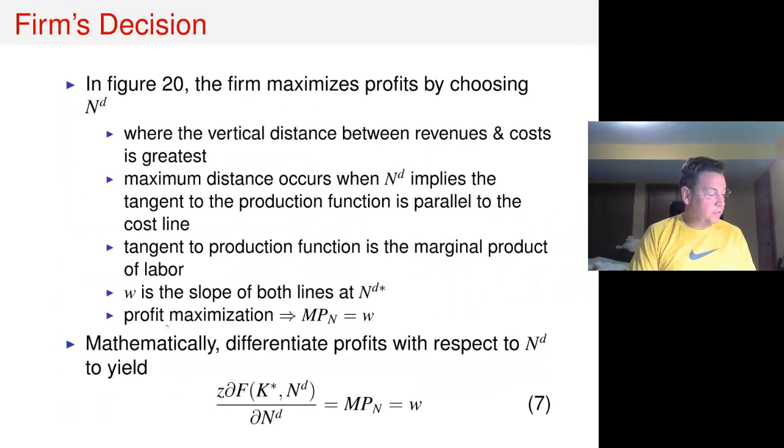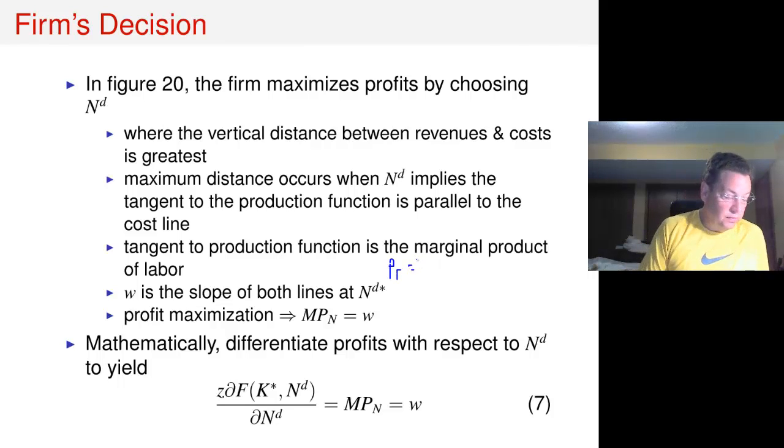Now, another way to see this is mathematically. For those of you who like to see the calculus behind what we've done, we can write profits as just Z F K star N minus WN.